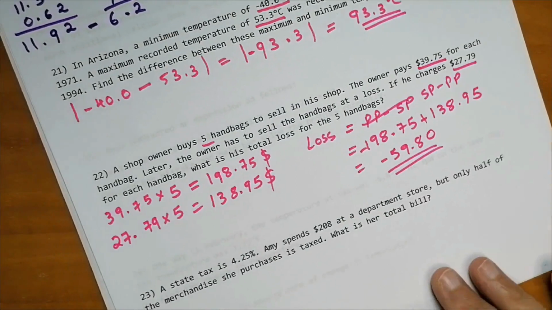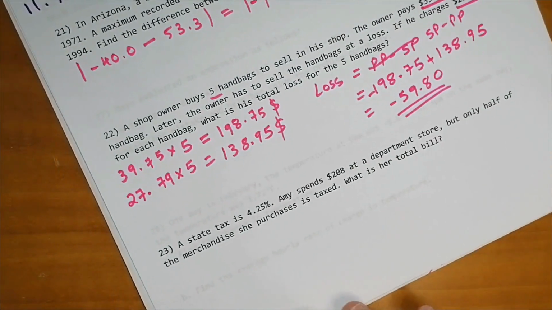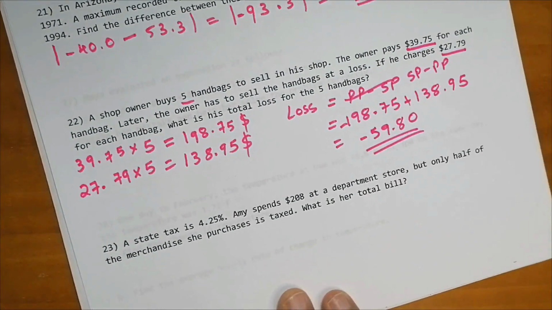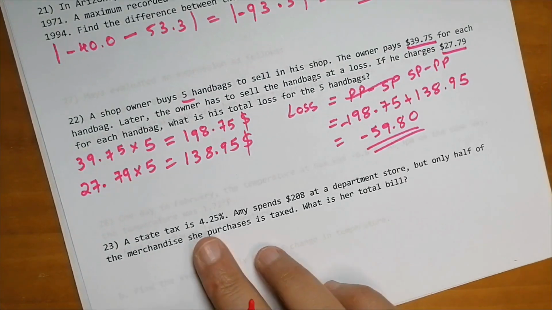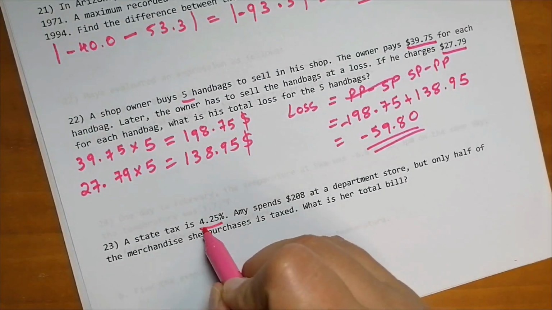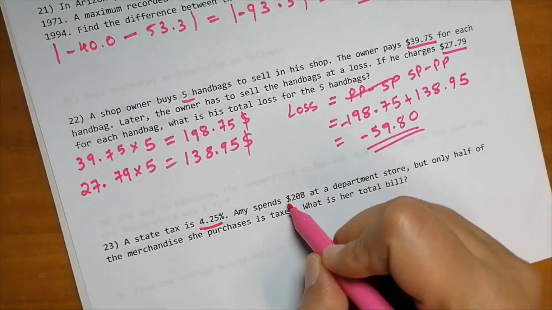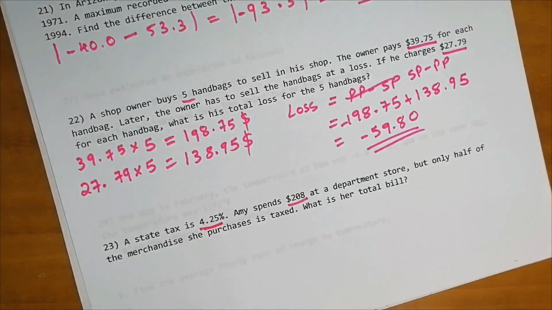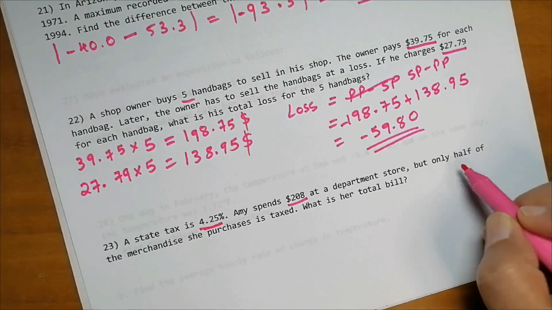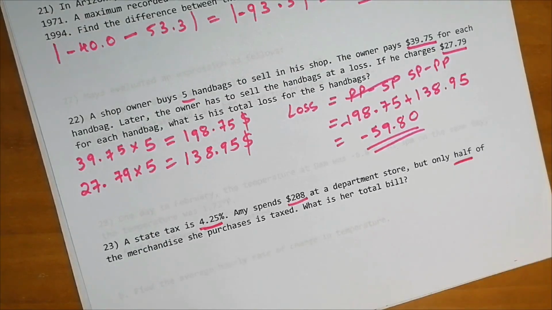Okay, then here we are on the last question on this page, which says a state tax is 4.25%. Emmy spends $208 at a department store, but only half of her merchandise she purchases is taxed. Okay, only half, not all.